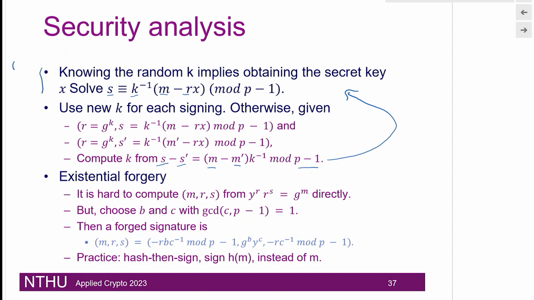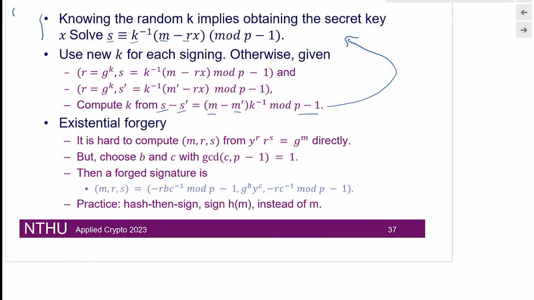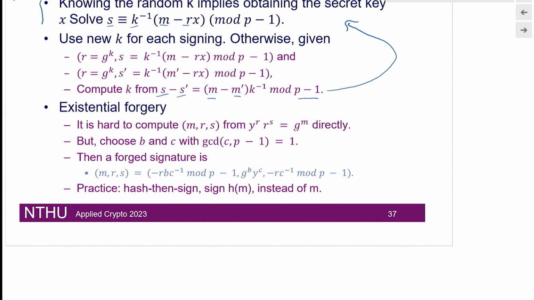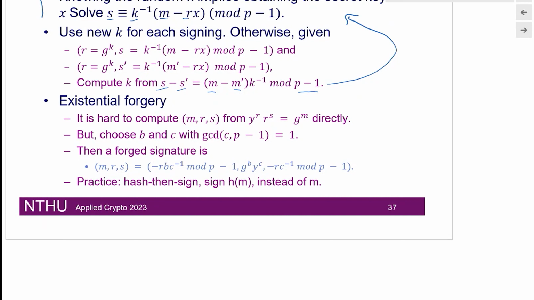So there is another one. This scheme, what we call the textbook design, turns out to be vulnerable to existential forgery. We know that it is very hard to compute it from this value directly, but it looks like there is a way that you can forge a signature of some random message without even knowing the private key.